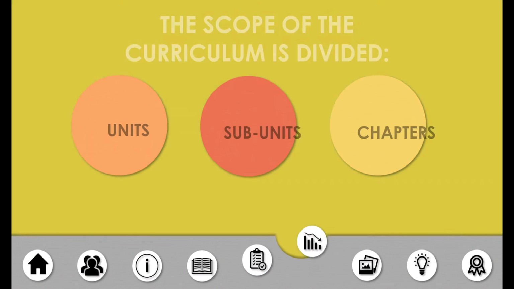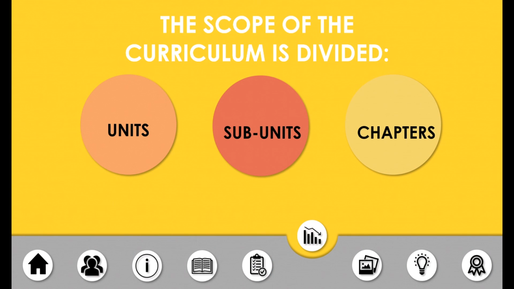Now let's have here the scope of the curriculum. So it's divided into chunks, which are called the units, subunits, and chapters. And each unit has its own function and its own relevance to the curriculum. So units are the largest chunk, followed by the subunits, and under the subunits will be the chapters. In this case, it's like a deductive approach. From the bigger picture, we are going to cut everything into parts.